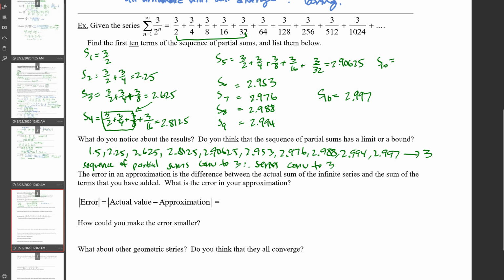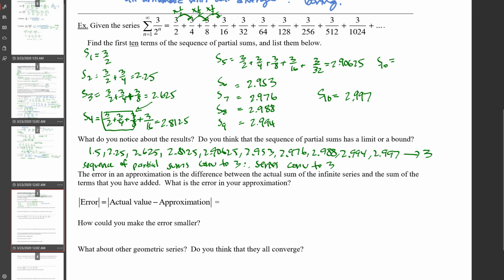Now this is kind of interesting because if we look at this very carefully, we can see that this series up here is actually a special series. It's a geometric series with a common ratio of 1/2. To get to each term, we multiply by 1/2.